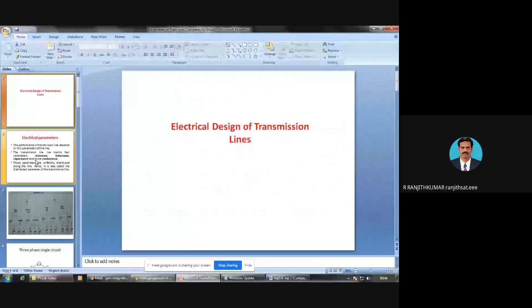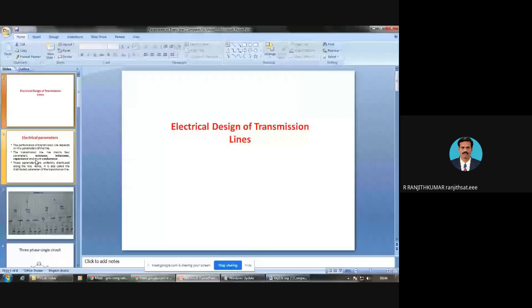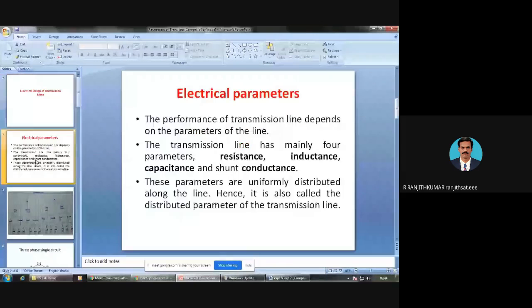We know that inductance, resistance, and capacitance all come under the electrical design of a transmission line. If we discuss the mechanical design, we'll have the tower. Technically, for transmitting power, I should design these parameters: resistance, inductance, capacitance, and conductance.